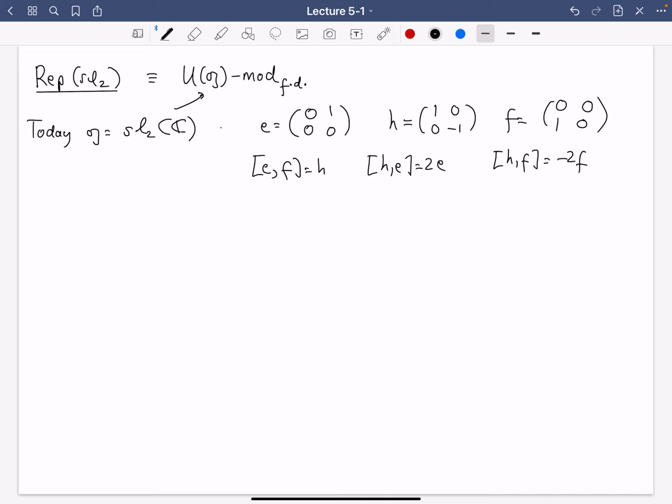So the observation that so much of this rests upon is the following.